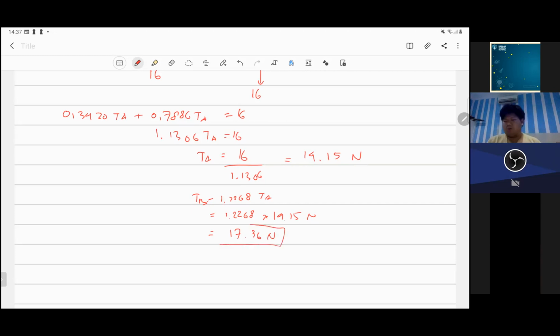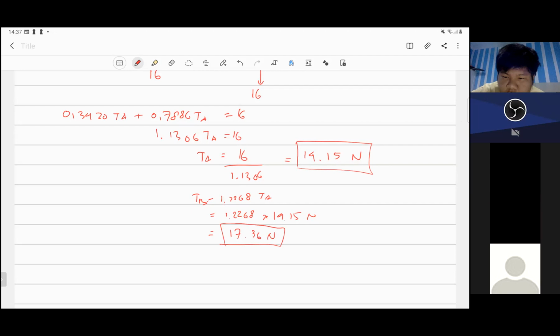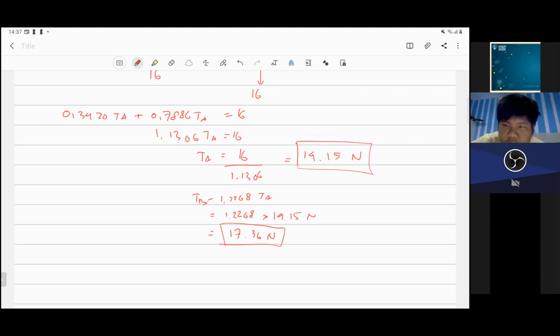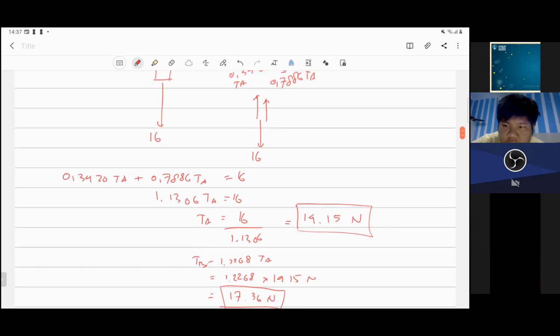Okay, this is this and this one. Now this is the principle of having equilibrium questions. You almost always have them in all cases. I'm going to repeat.